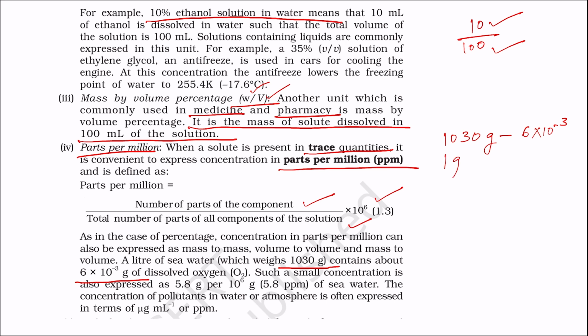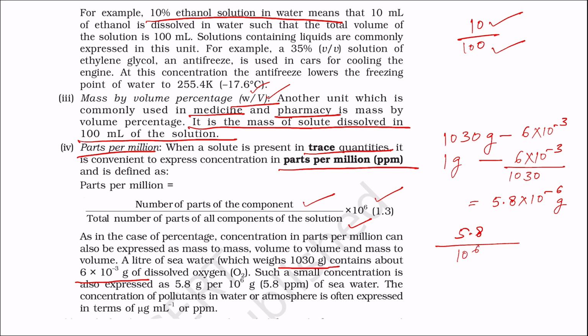So in 1030 gram of seawater, amount of dissolved oxygen is 6 into 10 to the power minus 3 gram. Therefore, in 1 gram of seawater, amount of oxygen dissolved is 6 into 10 to the power minus 3 divided by 1030 and this is equal to 5.8 into 10 to the power minus 6 gram. Now this can also be written as 5.8 divided by 10 to the power 6.